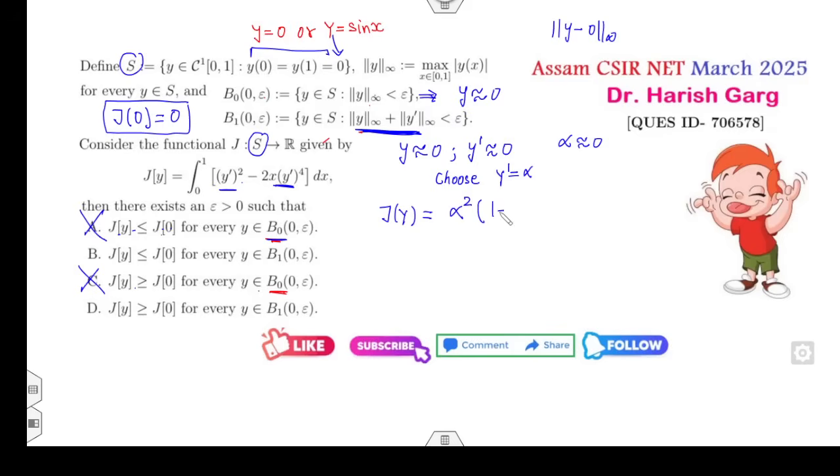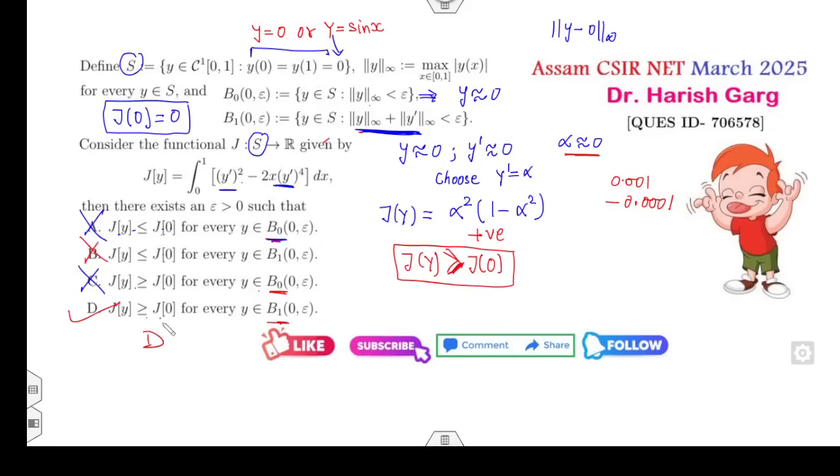Alpha square into 1 minus alpha square. Now you can see whenever y is approximately 0, it may be 0.001 or minus 0.001, this number is always positive. That means this number is always greater than 0. Fine. So J of y is always greater than 0. So the B1 less-than option is cancelled. D option is the right answer of this problem.